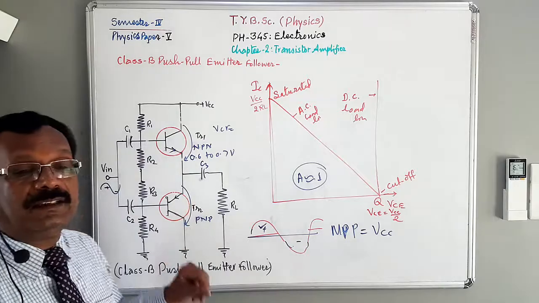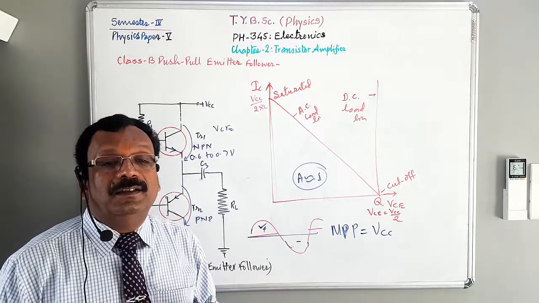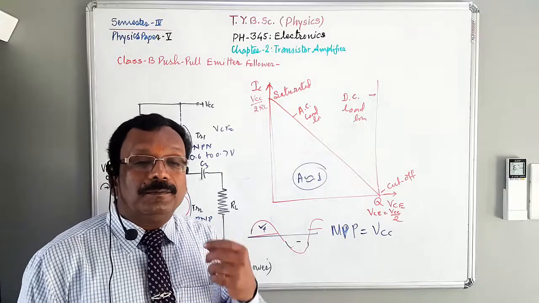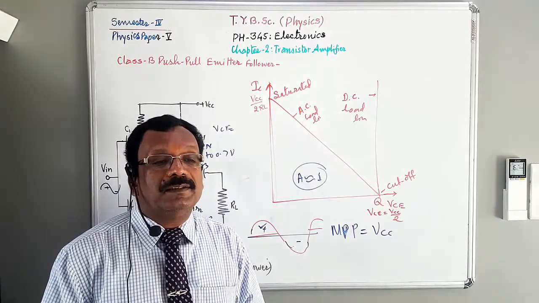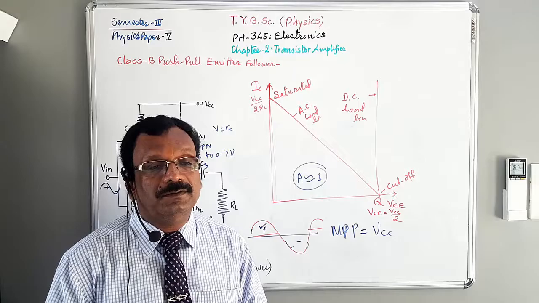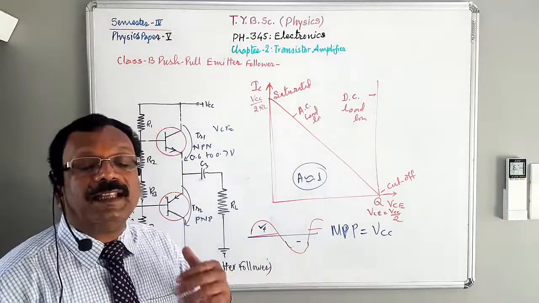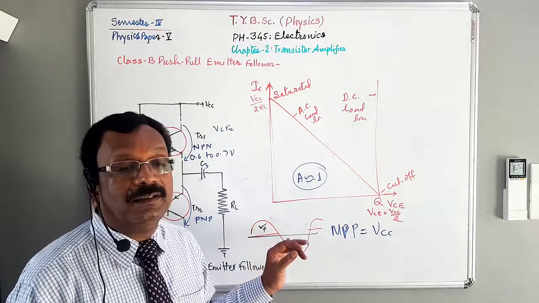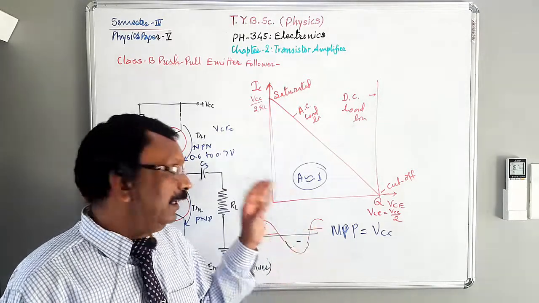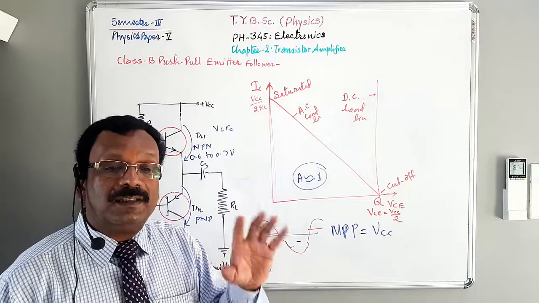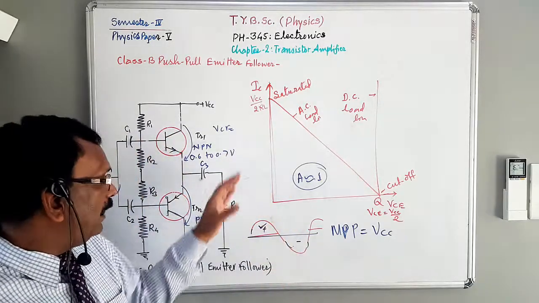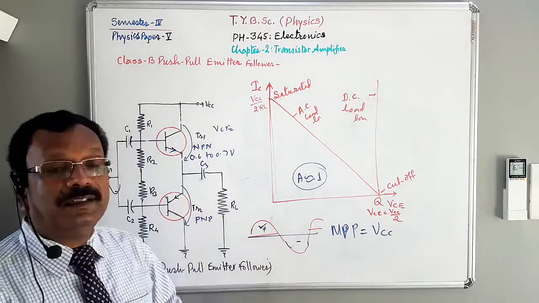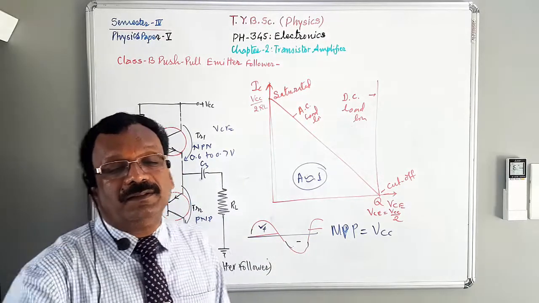This lower transistor acts like an ordinary emitter follower and produces a load voltage approximately equal to the input voltage. Thus, the upper transistor handles the positive half cycle and the lower transistor handles the negative half cycle. This is the working.